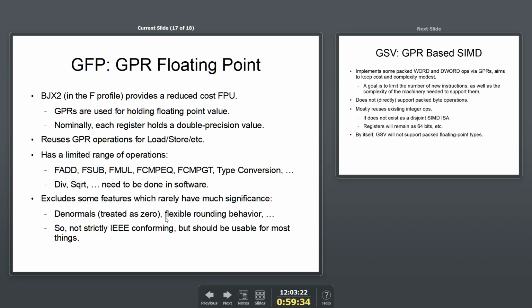Similarly, things like rounding behavior are pretty insignificant, and it's cheaper to just hardwire it to round to nearest for the normal floating point operations. So this is not strictly IEEE conforming, but should still be usable for most things.